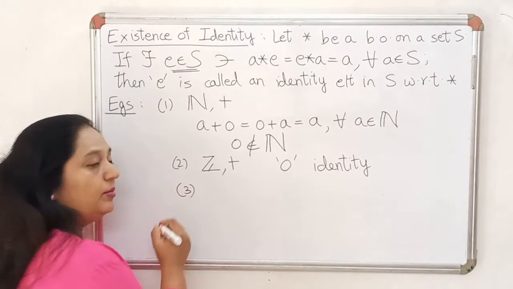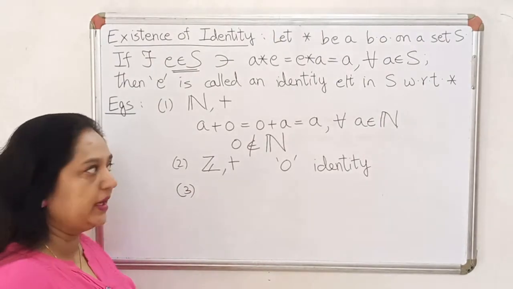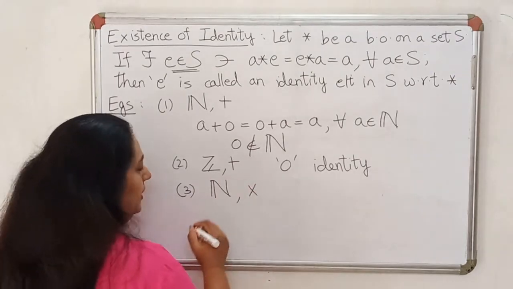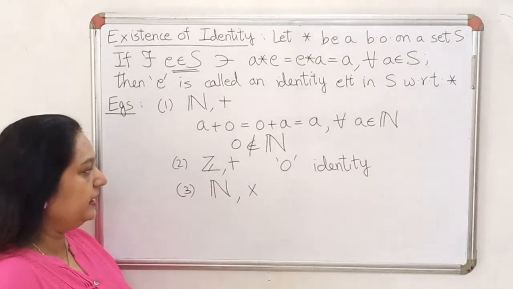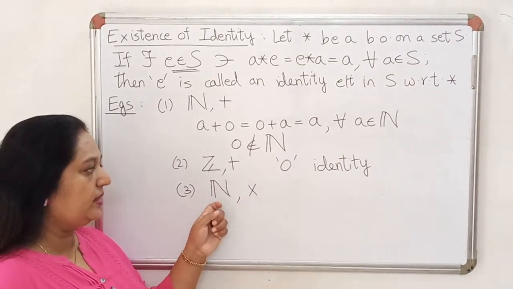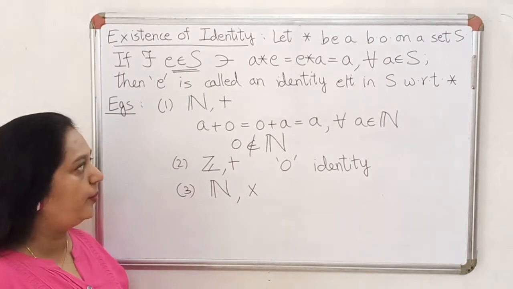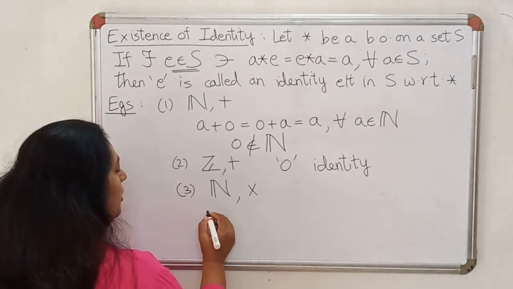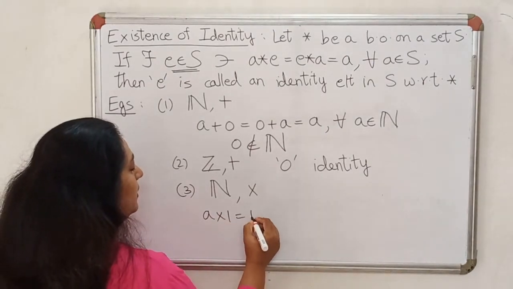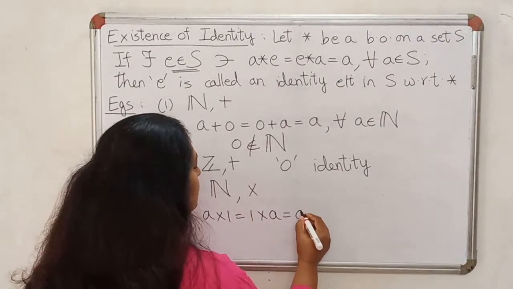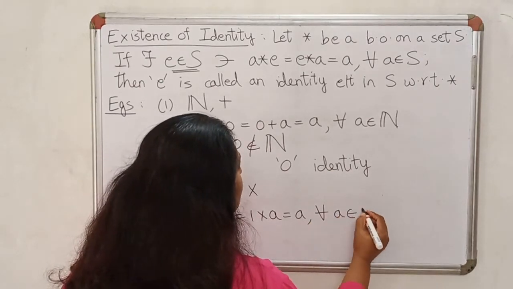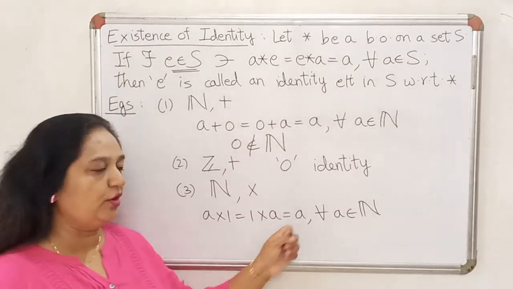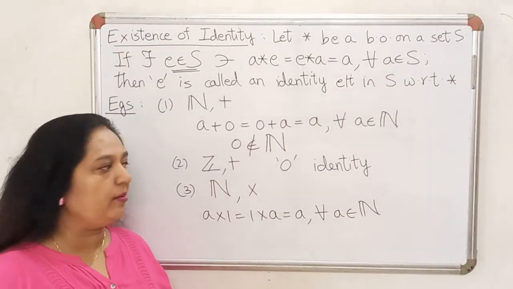So let's now come to the operation of multiplication. What do you think is the identity? Firstly, whether it exists, and if it exists, what is the identity in this set with respect to the operation of multiplication? So we know that A into 1 is 1 into A, and that is equal to A for every natural number. Every natural number multiplied by 1 from either side is always going to give me back the same element.